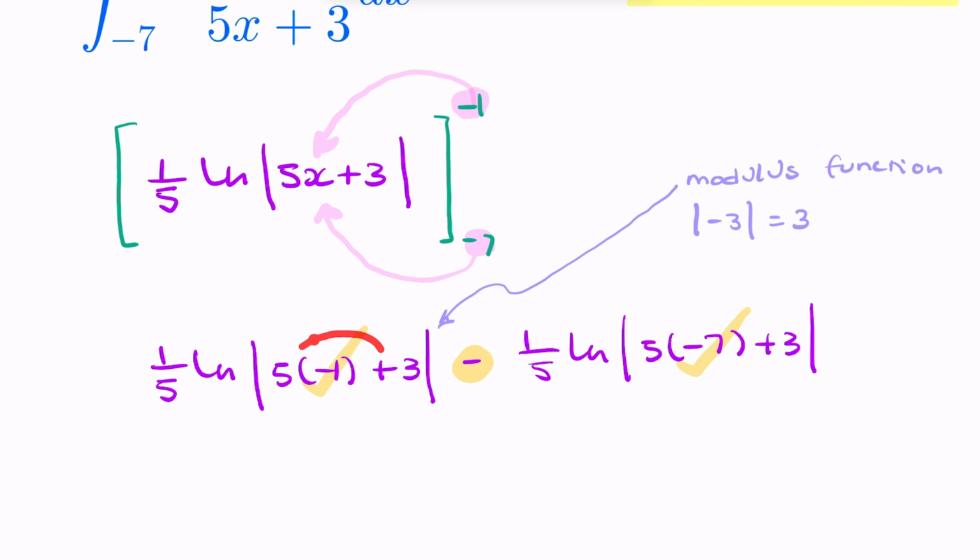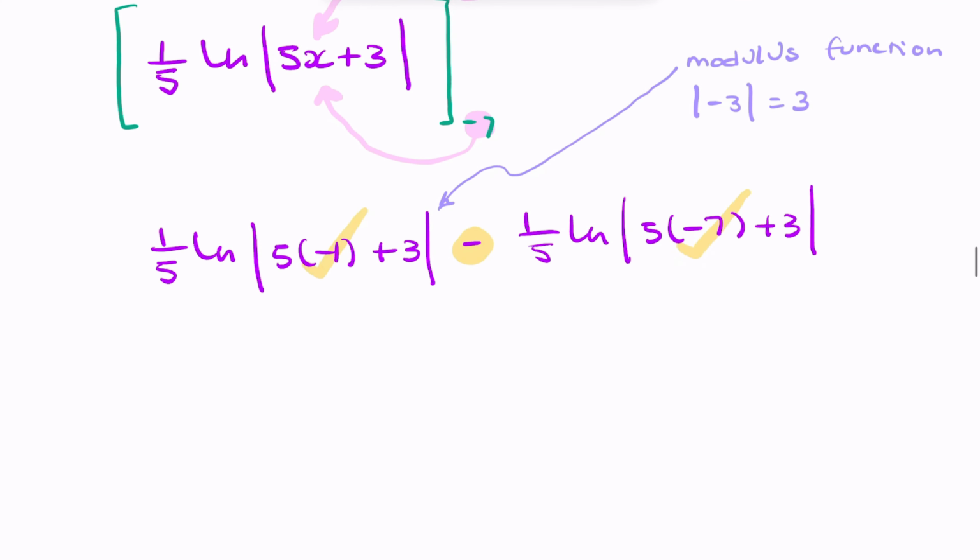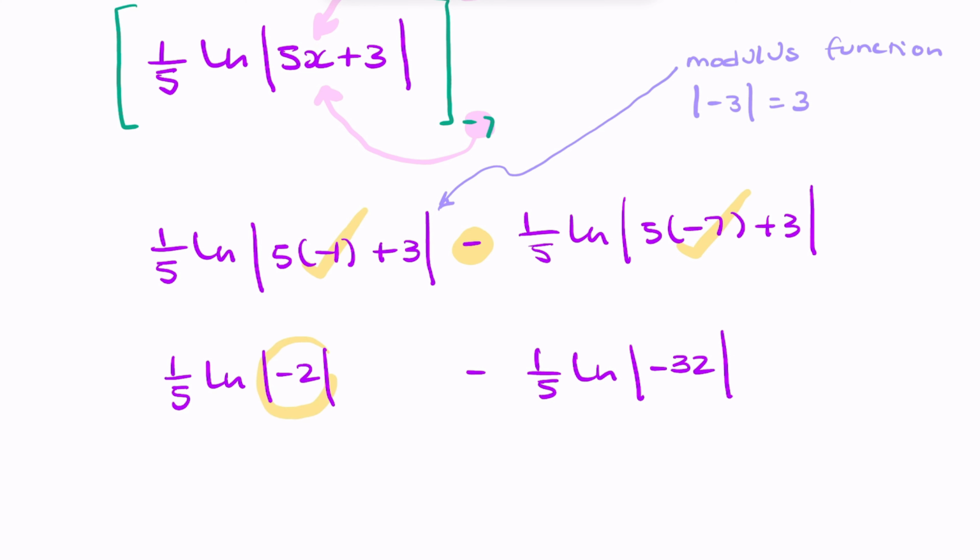So it looks like we're going to have negative numbers here. So let's calculate that. It's 1 over 5 ln modulus of -5 plus 3, which is -2, minus 1 over 5 natural logarithm of the modulus of -35 plus 3, which is -32. Now, when you take a modulus of a negative number, you end up with the positive number.